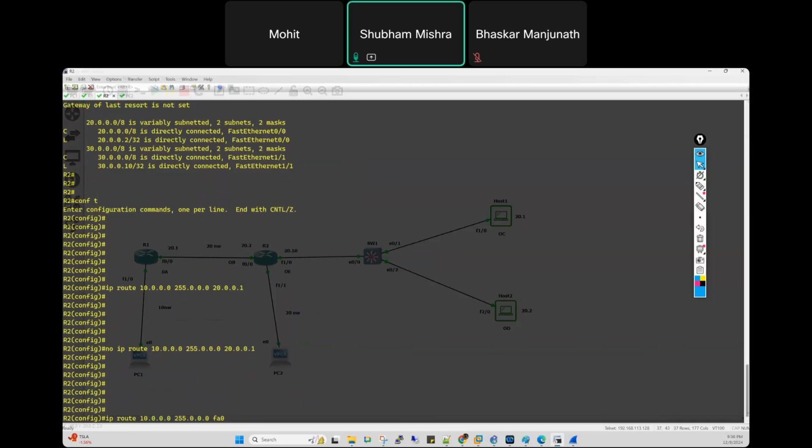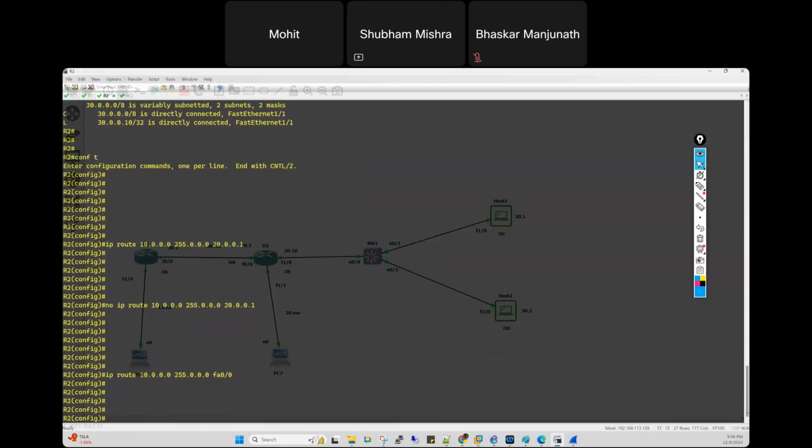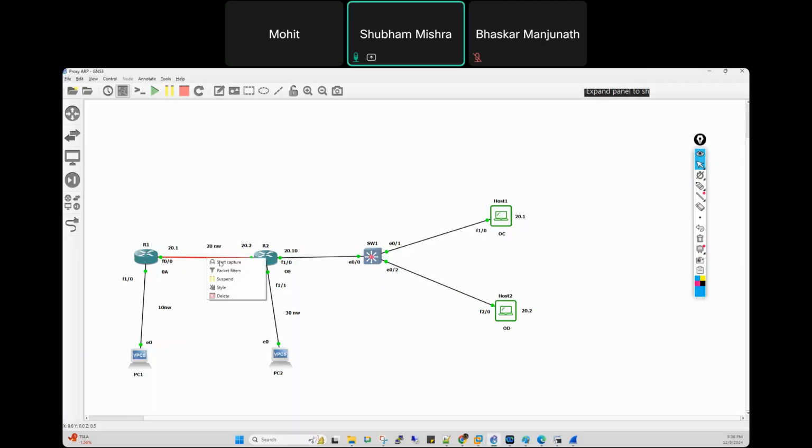That is again FastEthernet 0/0. Right? Is this clear? I configured the static route with exit interface. Okay. Now capture this link.